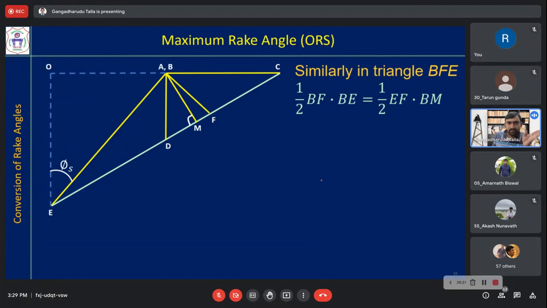You can take triangle BFE. If you observe carefully, we are now considering pi O and pi C, which belong to the ORS system. So we are considering the triangle containing those. Earlier we had considered pi y and pi x.